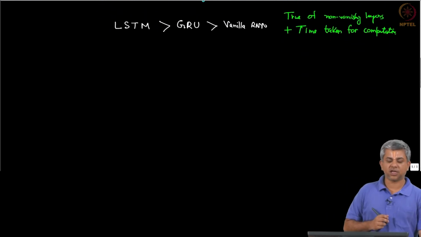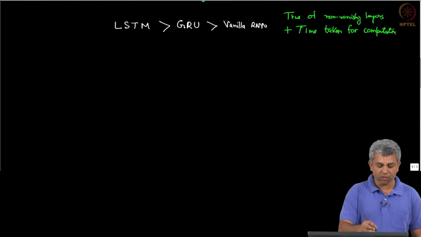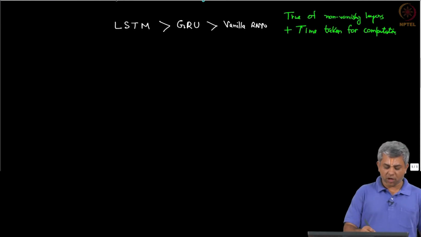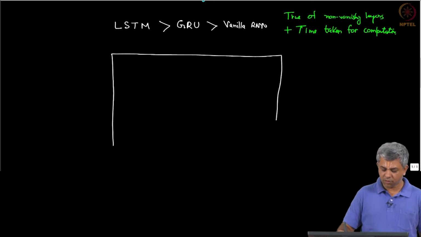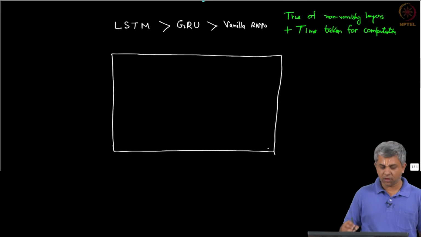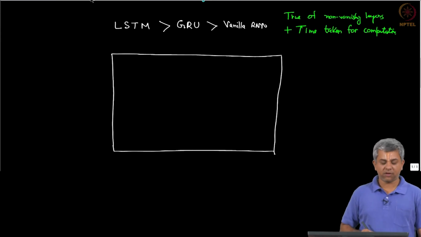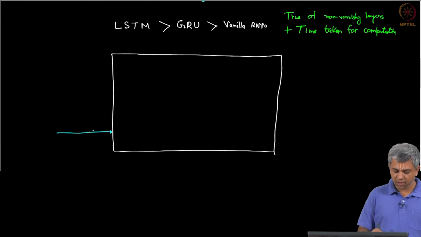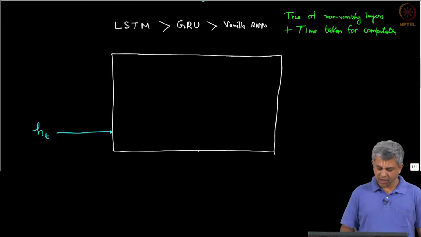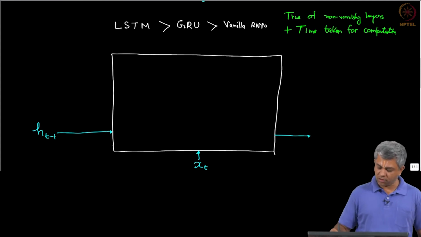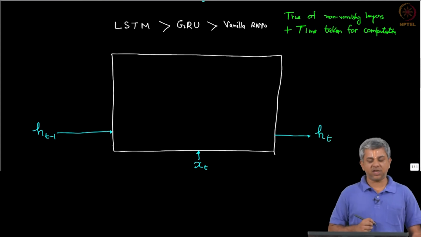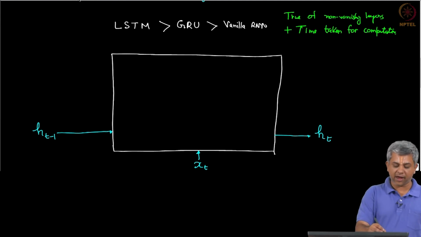Now, just to repeat the exercise that we did with GRU and simplified GRU, I will also draw the diagram for LSTM. Remember that now we have not only HT minus 1 and XT coming into this box, which then spits out HT, but you also have your memory cell computation.